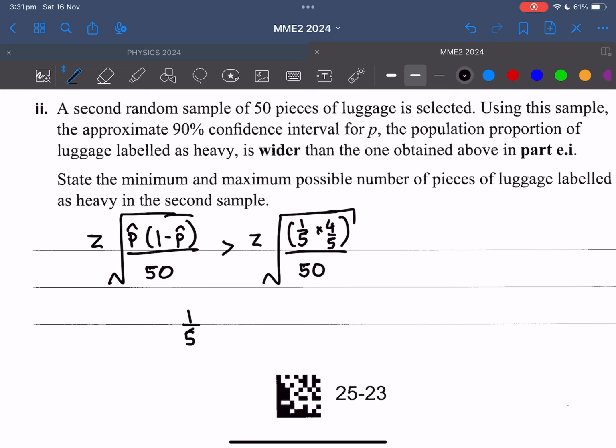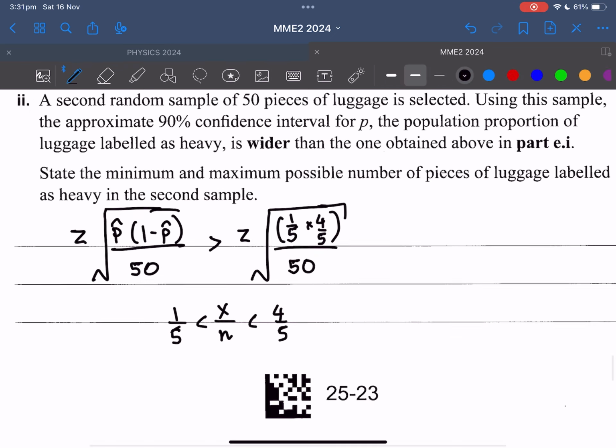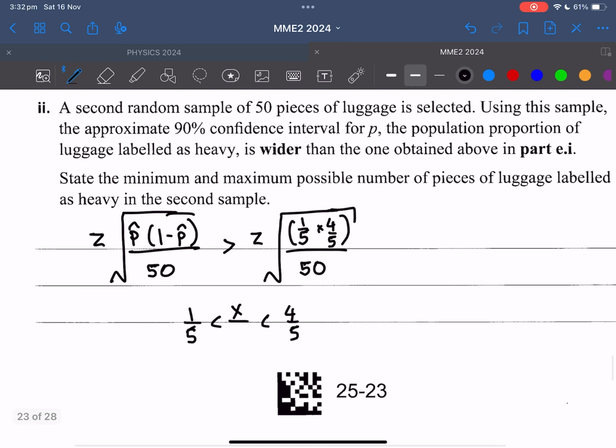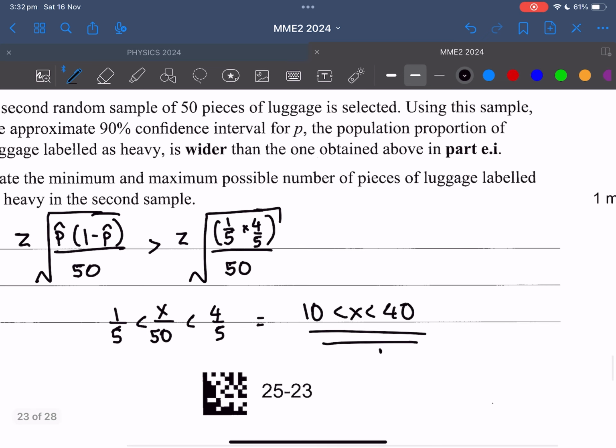So 1/5 times p hat, or maybe x on n, and that is 4/5. And our n is given to be 50. So we have 10 less than x less than 40. So it has to be between 10 and 40 basically.